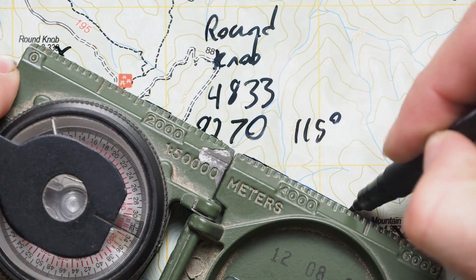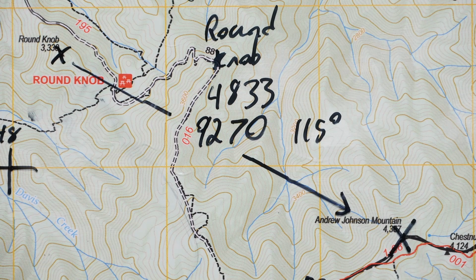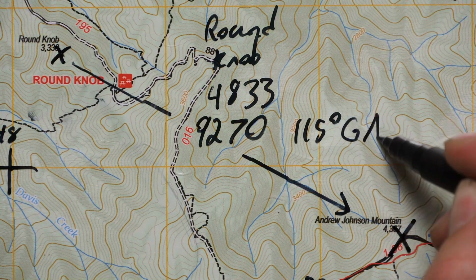Is 115 degrees. Now that is your grid azimuth, and we want to convert it to a magnetic azimuth. So we'll go ahead and say grid azimuth.